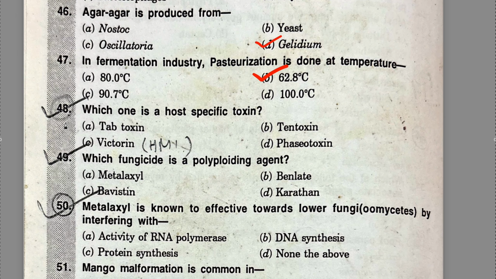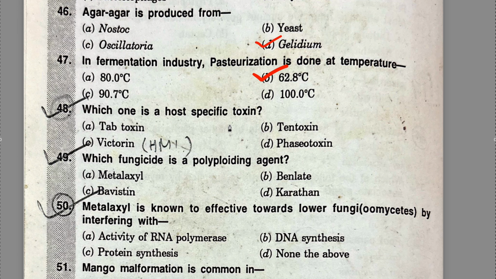Coming to question 48. Which one is a host-specific toxin? Option A, tagetitoxin, option B, tentoxin, C, victorin, or is it phaseolotoxin?